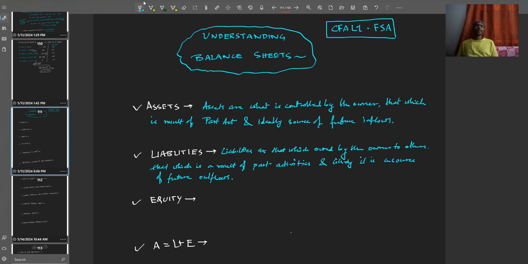Equity is basically the residual of assets after taking out the liabilities. So basically, equity is equal to assets minus liabilities. This implies assets is equal to equity plus liabilities.